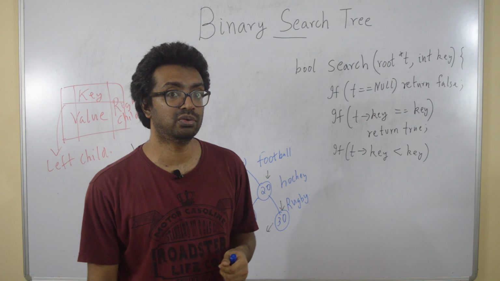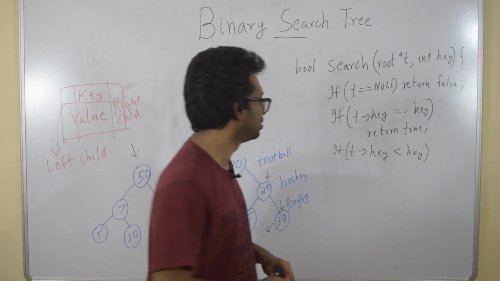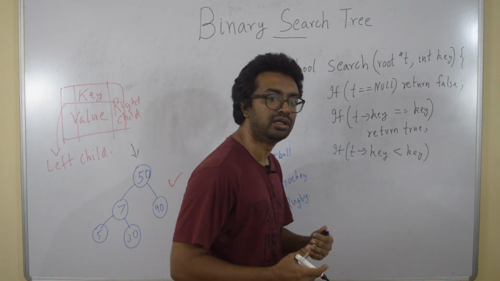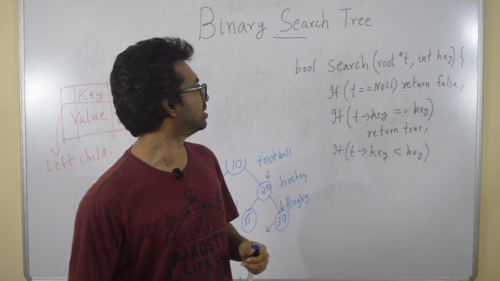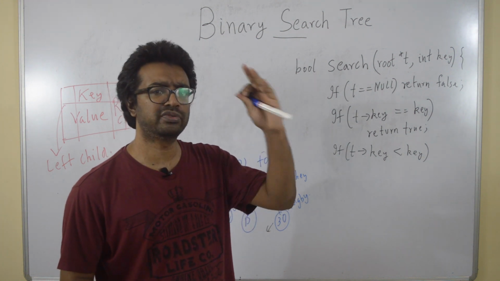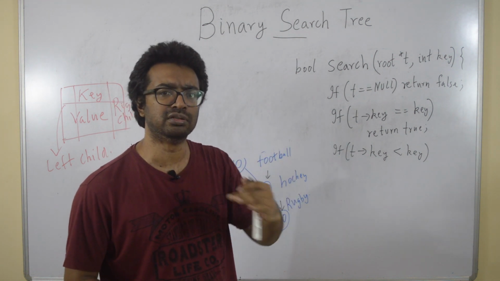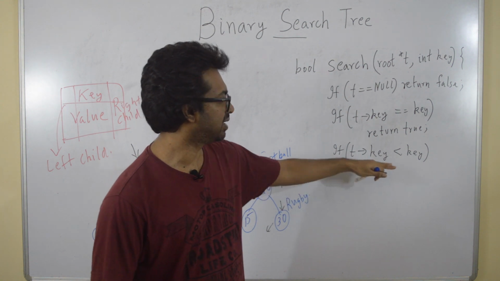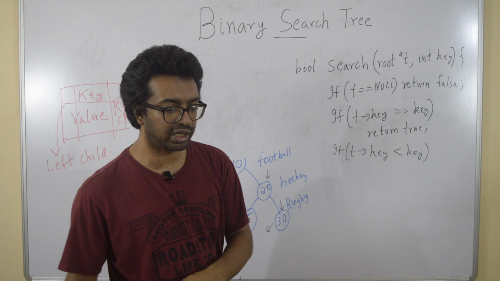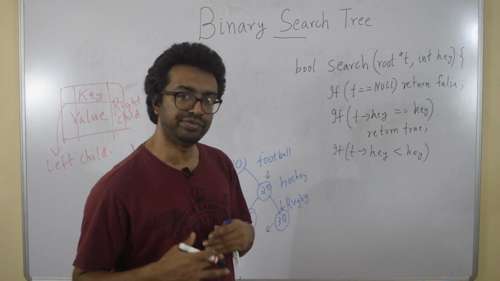In that case, I have to turn right. So what do I use? Recursion. For most tree problems, think recursion. So t dot key is less than key, I have to search on the right and then return the value which it returns.